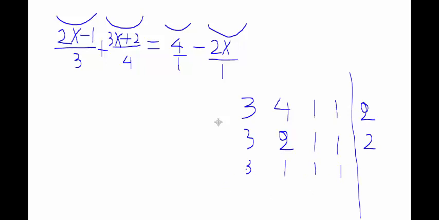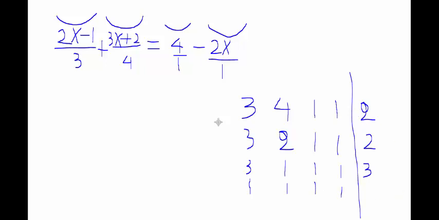What we have left now is 3, so 3 is going to be the smallest number that divides 3, and it makes it 1. 3 divided by 3 is 1, and the rest are 1.